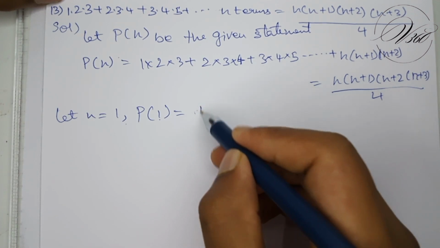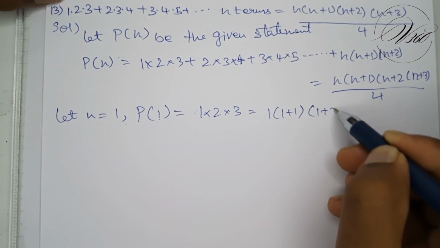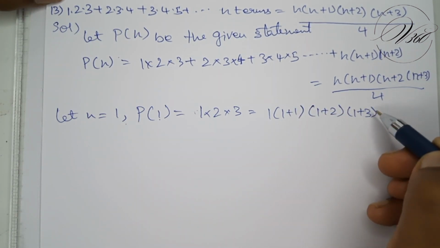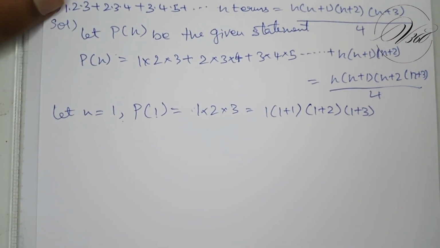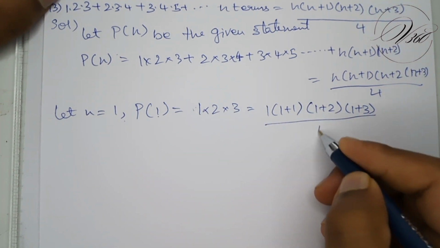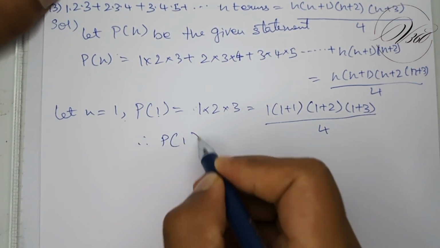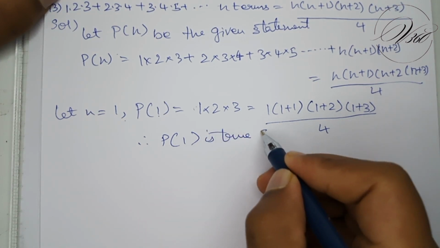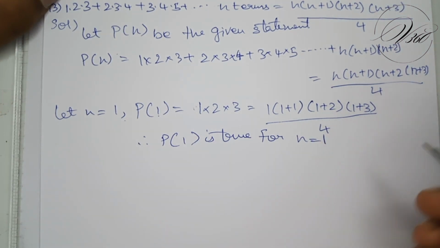Then P(1) = 1·2·3 = 1(1+1)(1+2)(1+3)/4. Therefore P(1) is true for n equals 1.